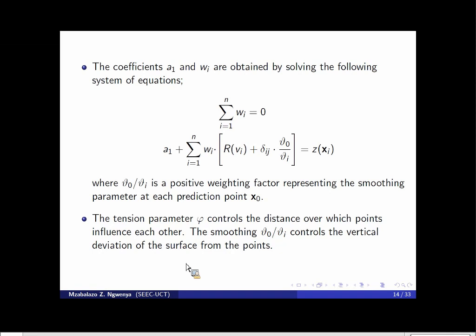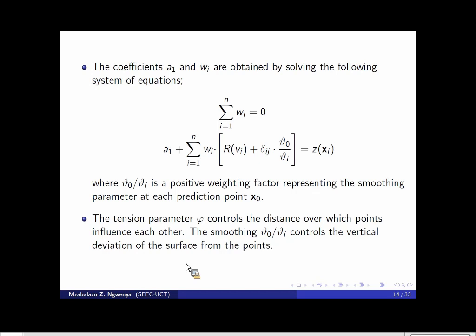Okay, then we just said that with the regularized spline, you've got more control, and our smoothing parameter here basically controls how much above or below your predictions are to the surface points. Basically, that parameter controls how much above the range or below the range you get. So remember, we said our points have a sample point with the minimum value and the maximum value.